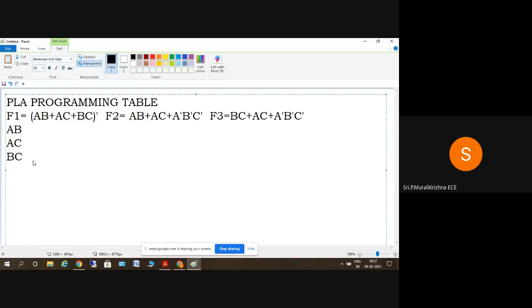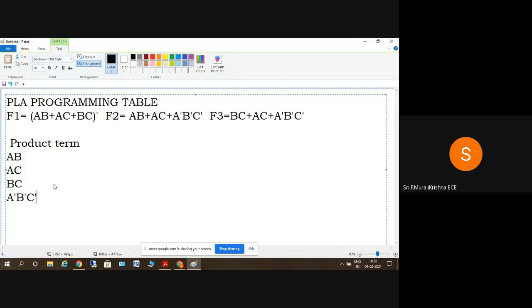Now I have to mention the product terms here. In a programming table, the first column is the product terms. So AB, AC, and BC in the first one. Next, the repetitions are done here. AB is there, AC is there, so there is no need to mention them again, and we have A bar B bar C bar.